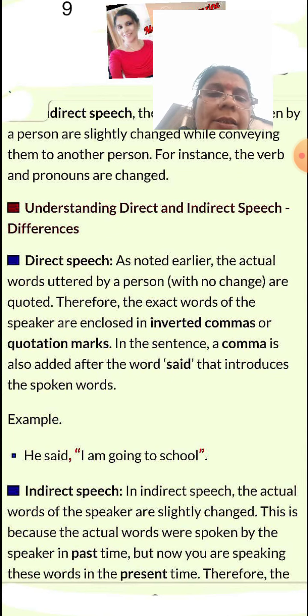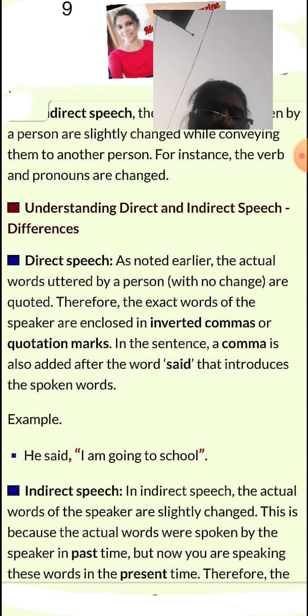In the sentence, a comma is also added after the word said that introduces the spoken words. Example, he said, "I am going to school." Indirect speech: the actual words of the speaker are slightly changed. This is because the actual words were spoken by the speaker in past time, but now you are speaking these words in the present time.